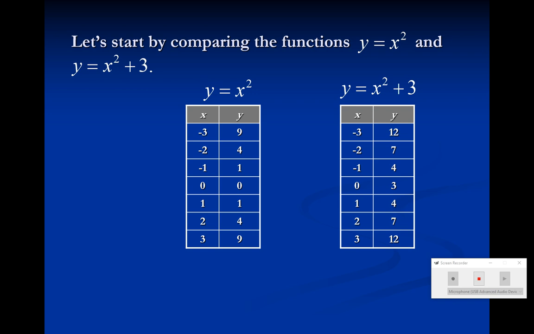I hope you're bored, actually. I don't normally hope for that. Normally, I hope I teach well enough that you're not completely bored out there. This time, I hope you're bored. You're like, so I just take the y values and literally add 3 to them? That's what we're doing today? Yes, and it's called a vertical translation, and we'll see why when I actually go to graph these two curves.